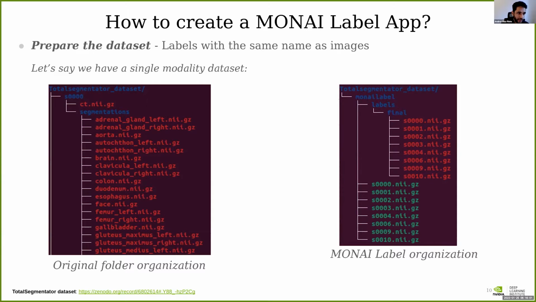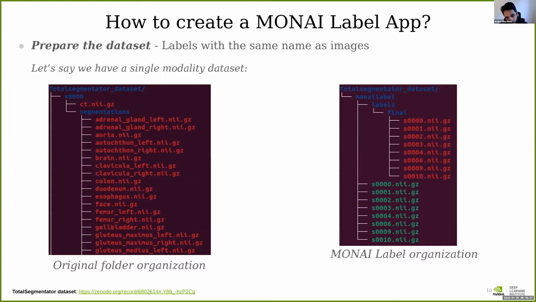On the left, you have one folder per case or per patient, right? In that folder, you have the CT image, and within that folder, you have the segmentations, which is 104 segmentations. Each segmentation has one file, right? So this is the original organization of the TotalSegmentator dataset.